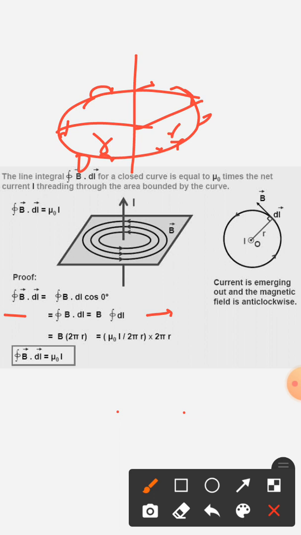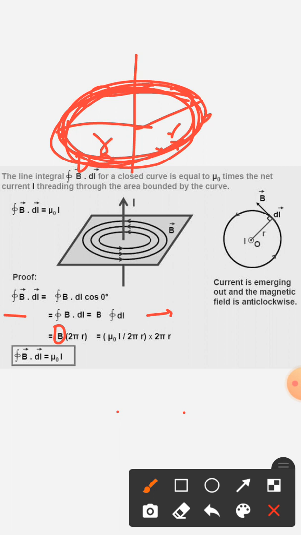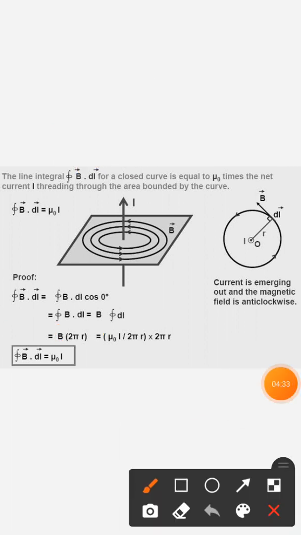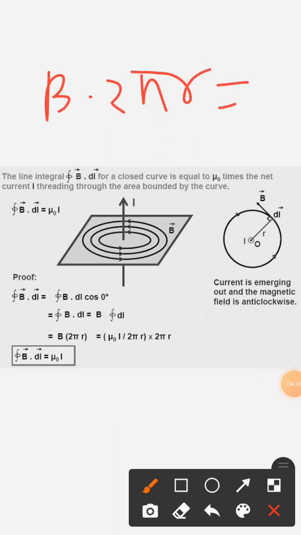So the value of B is constant and the closed path integration of a circle which has a radius r will be 2 pi r. So we will have in this equation B into 2 pi r equals mu 0 into summation I.